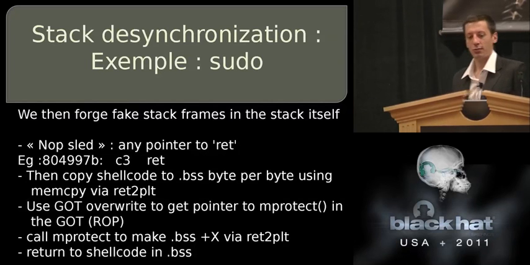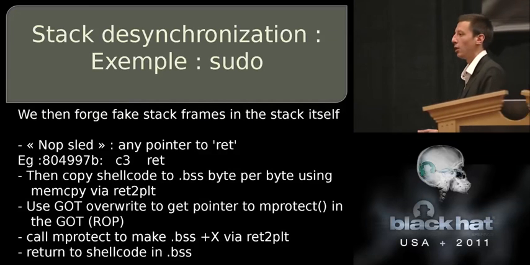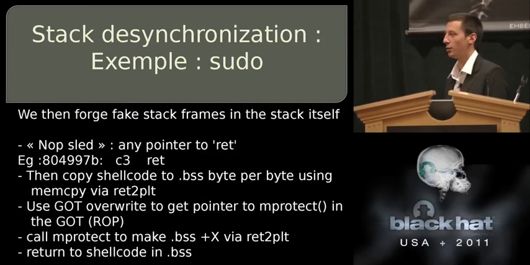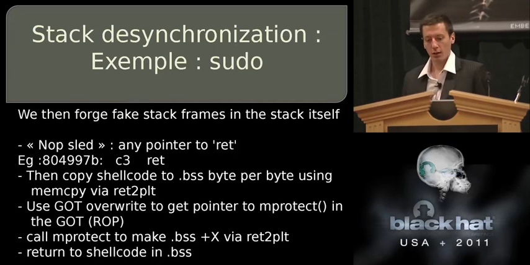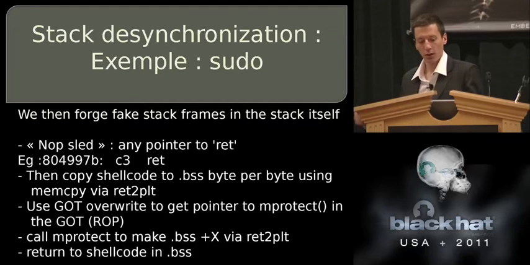Then the strategy is, for instance: I want to execute arbitrary shellcode, so I'm going to put it in the BSS section because it's writable, and I'm going to turn it into executable. To do that, we copy it. It's worth noticing that the BSS is also not randomized in sudo.